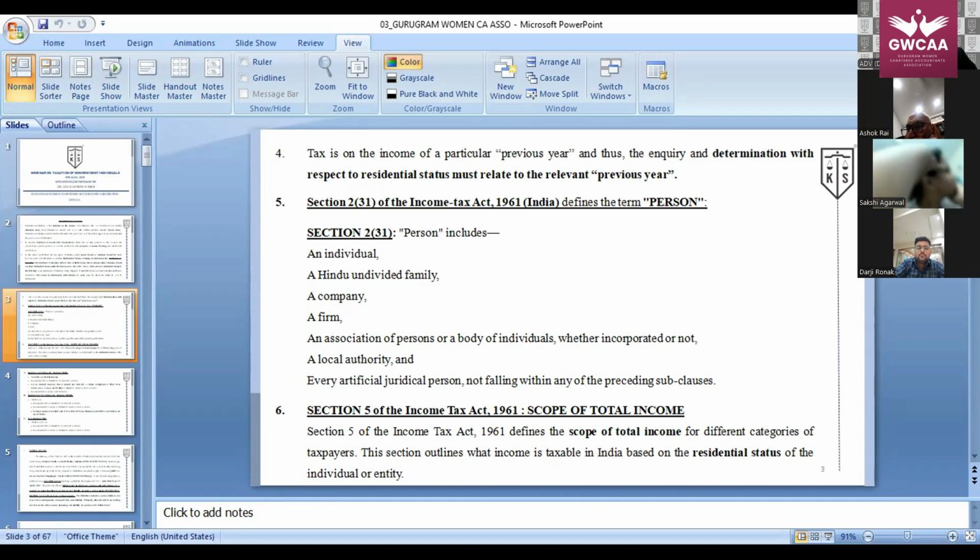Then in that case he will be considered as deemed resident, and for that income which he has earned from India, he will be leviable to tax.